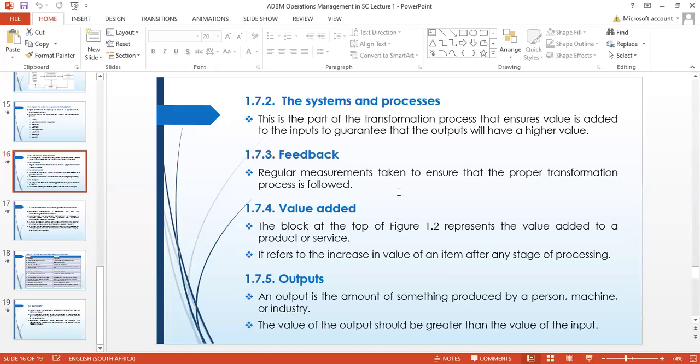And then the outputs, that is the final product that comes out of a machine or a process that you as a customer are going to buy, maybe in ShopRite, in House and Home, or Pick and Pay. So this is the transformation process: inputs, the systems and processes, feedback, value added, and the outputs.